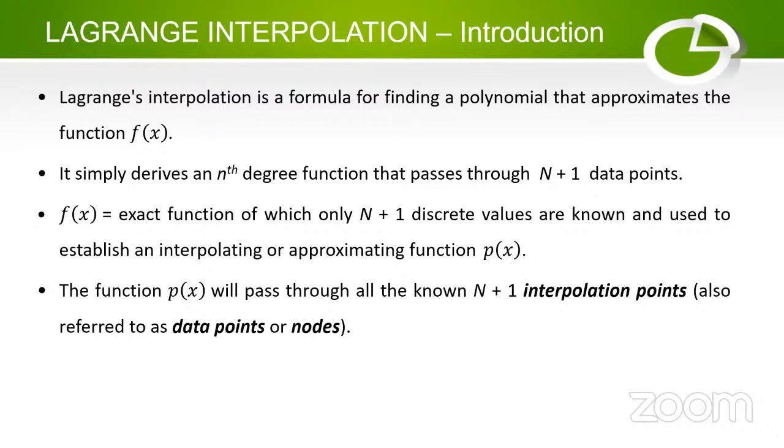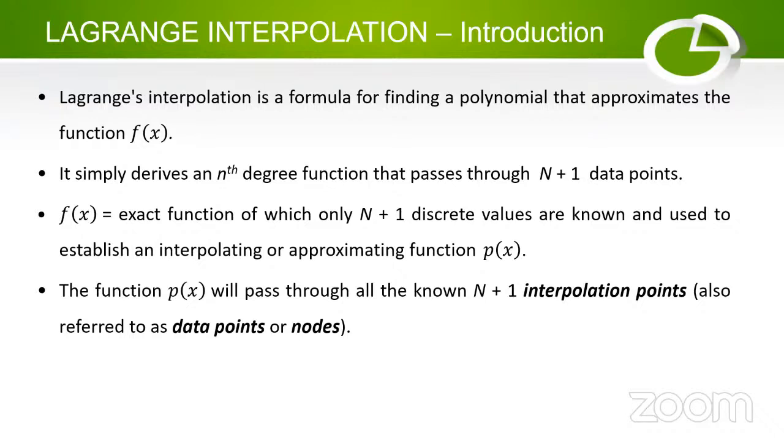All right, thank you. So like I was explaining, Lagrange interpolation is another method that we can use to interpolate functions. And this method was actually developed by a French mathematician known as Lagrange.